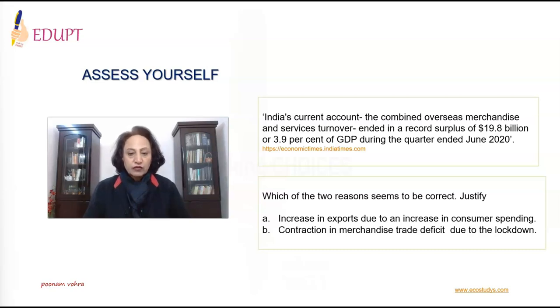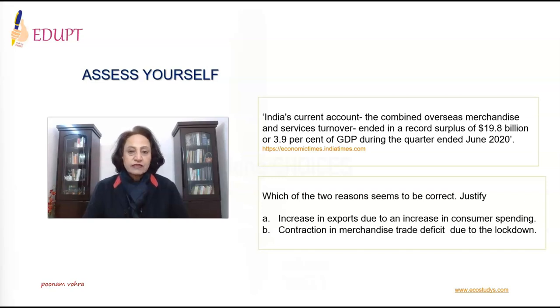India's current account, the combined overseas merchandise and services turnover, ended in a record surplus of $19.8 billion or 3.9% of GDP during the quarter ended in 2020.